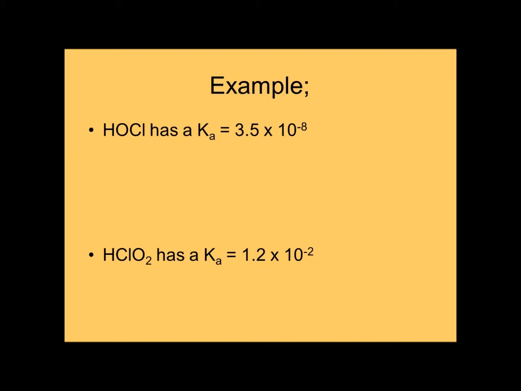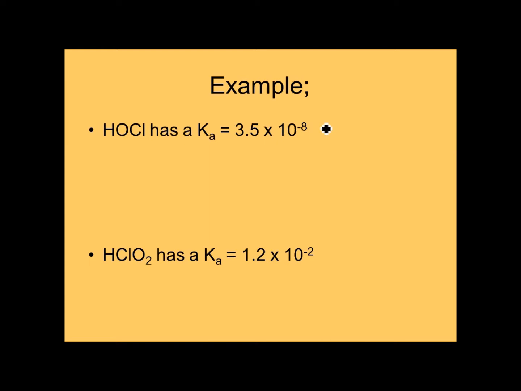For example, here are two weak acids. I'm going to go through some qualitative and quantitative analysis of these two weak acids. I know they're weak acids because of two reasons. Number one, they're not on my list of strong acids. Reason number two, they both have K's, which are not really big.